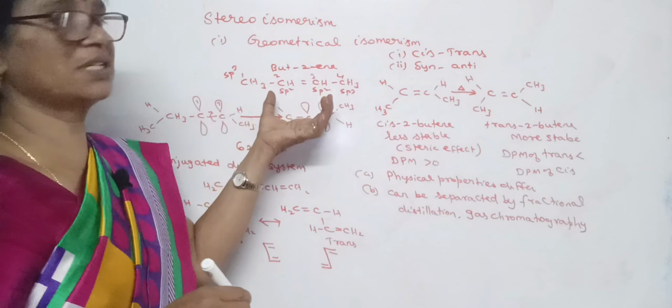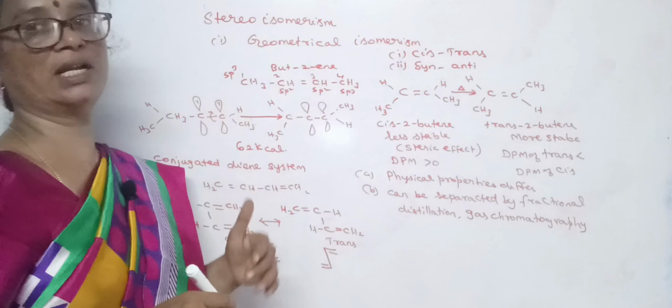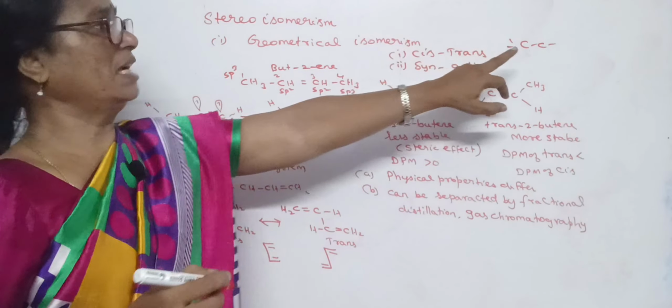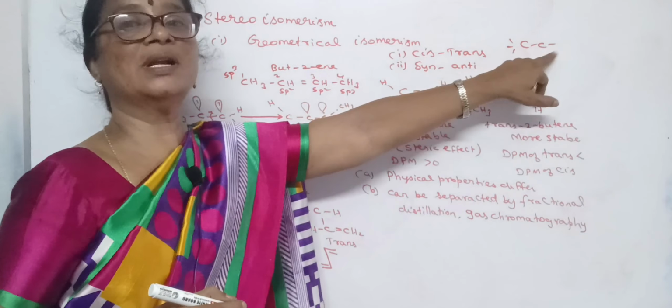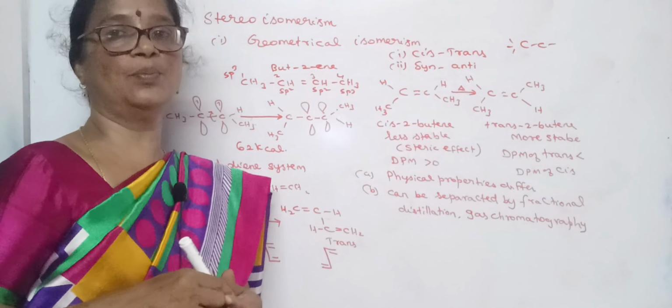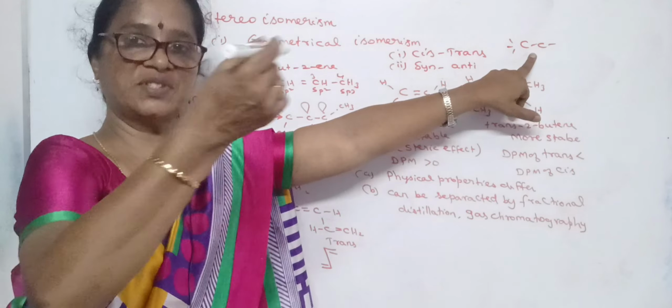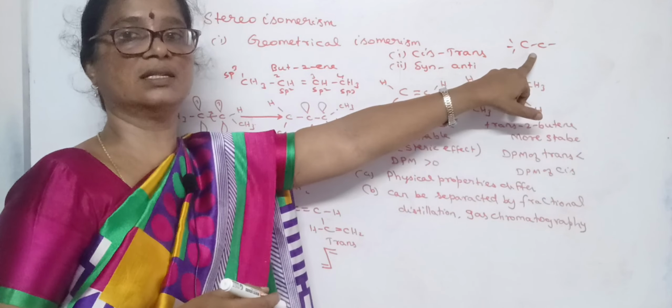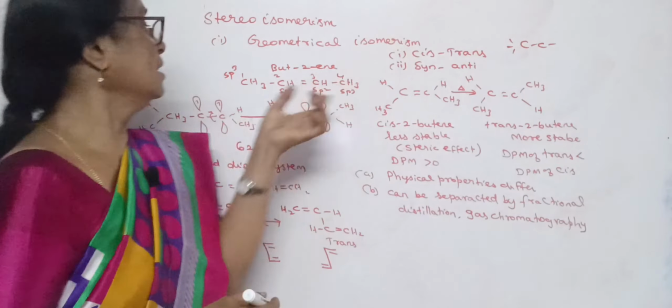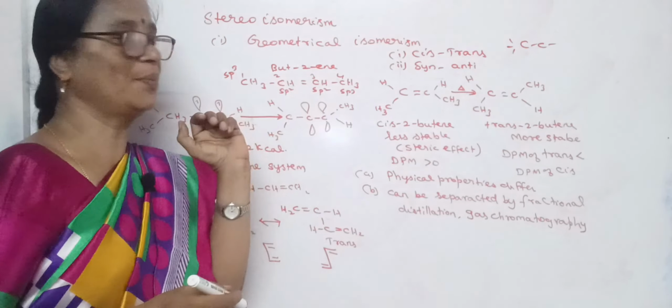Actually, it gives rise to a restricted rotation. The free rotation is possible when carbon atoms are bonded through single bond, and the free rotation of carbon-carbon single bond gives rise to conformation analysis. Besides that, the restricted rotation of carbon-carbon double bond.